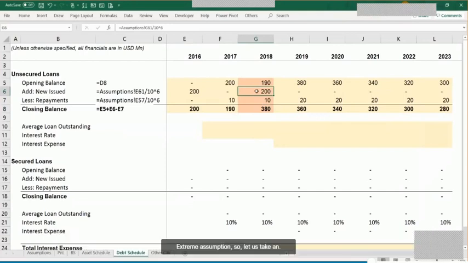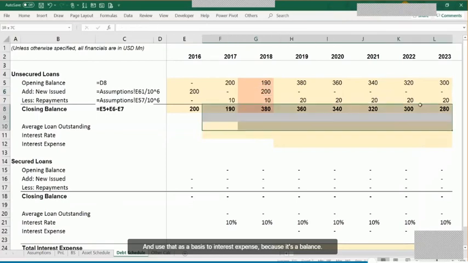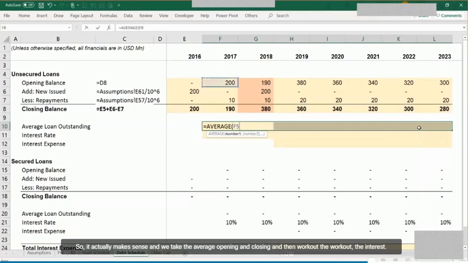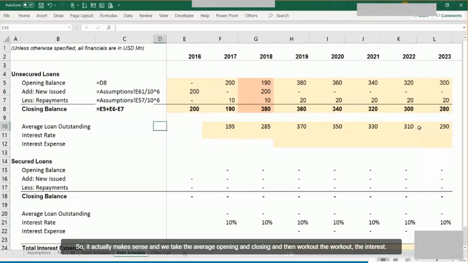So let us take an assumption that it might have been raised somewhere during the year. The best way to handle that is, why don't we compute the average loan outstanding and use that as a basis to compute the interest expense. Because it's a balance sheet item, it actually makes sense that we take the average of opening and closing and then work out the interest expense.